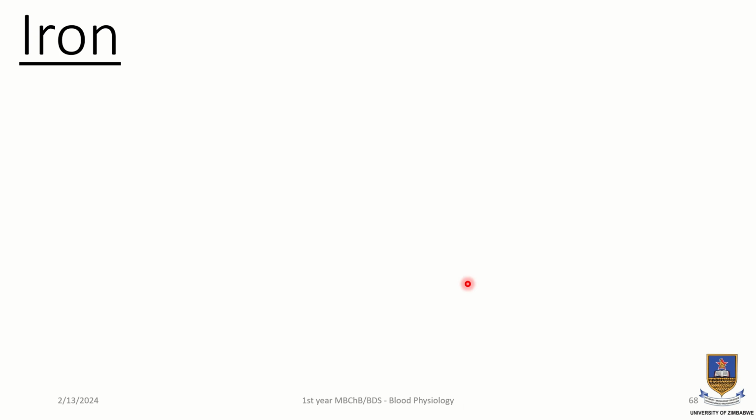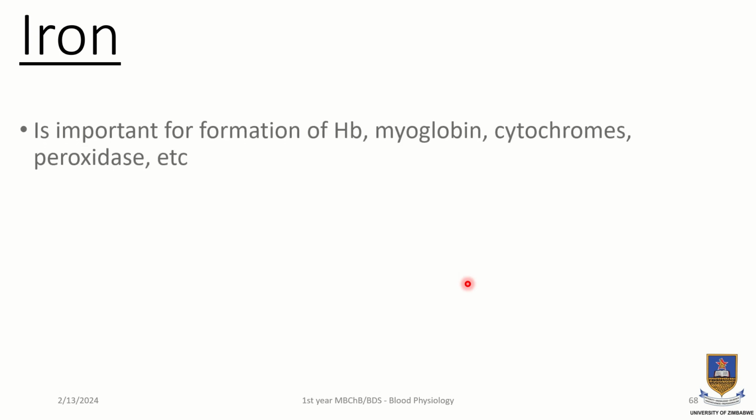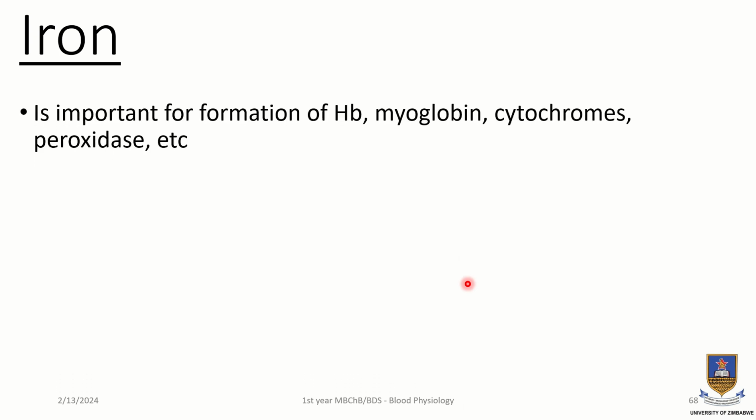Now, iron is an important element used for the formation of hemoglobin, myoglobin, cytochromes, and peroxidases.